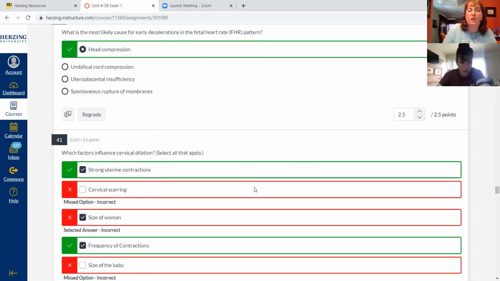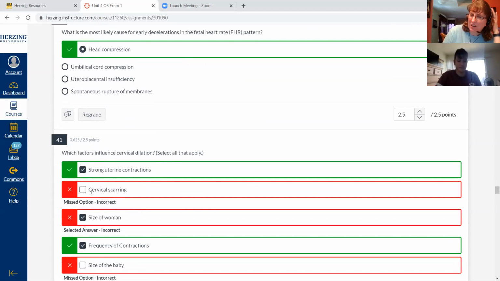All right, then things that affect cervical dilation. So strong contractions. This is weird. I don't know why this is correct. I'm not an OB, everyone, so maybe I'm just not understanding, but cervical scarring, why would that do that? If you had cervical scarring, why would you be dilated? I'll have to look that up.